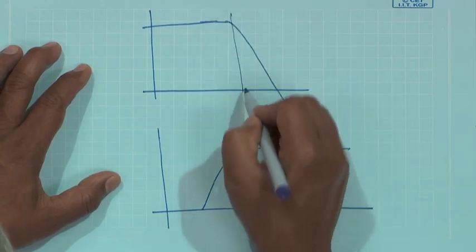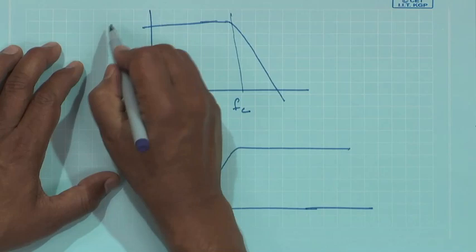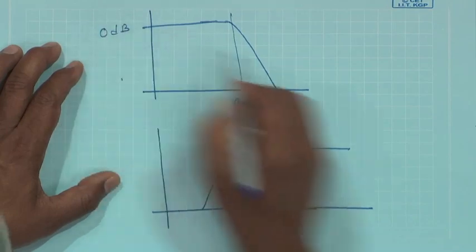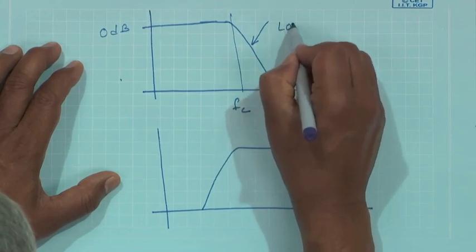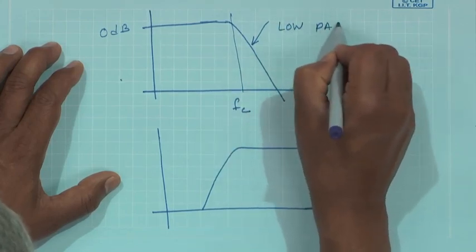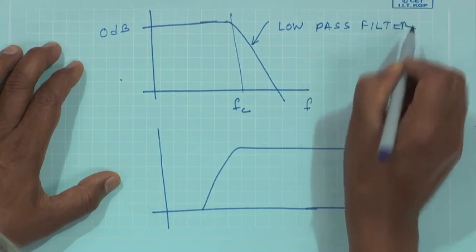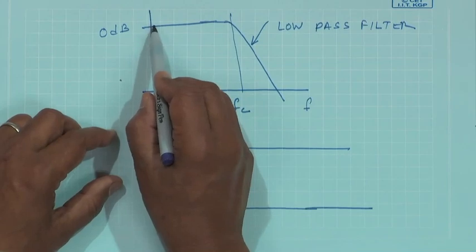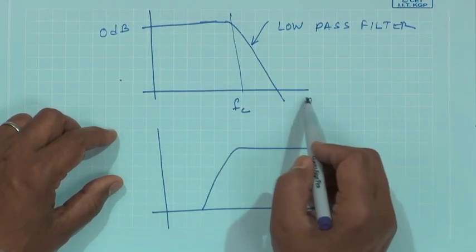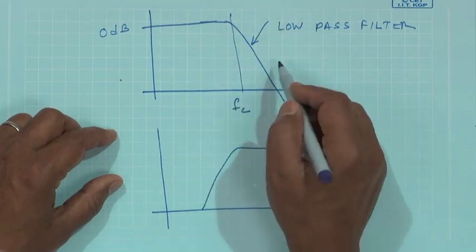So, this is what is known as a low pass filter. That means, till the frequency f c, it allows every signal to pass through, and after that it rolls it off and truncates it down.